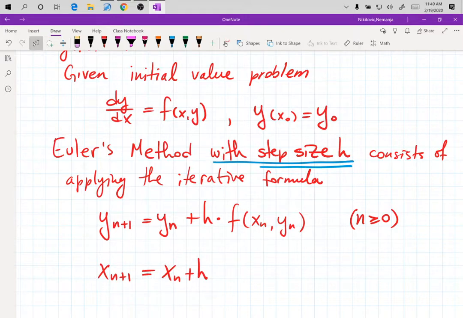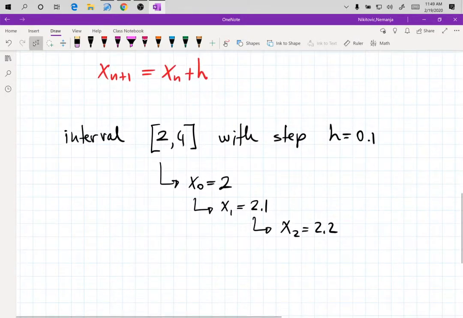So x0 and y0 are given to you, and this thing is given to you in the differential equation. You are coding that one here, and you are asking for input from the array for x0, right? And here are all of your x's, right?